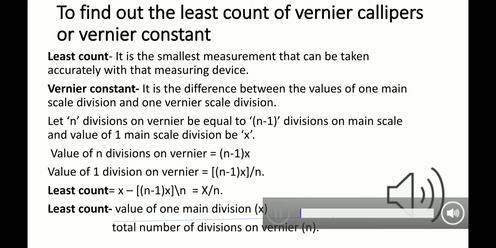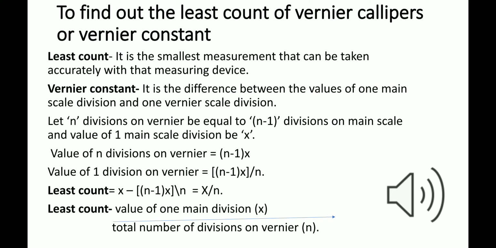So, we learnt that 9 divisions of main scale is equal to 10 divisions on vernier scale. This is in all the vernier scales. This is not one. In all the vernier scales, you will find this only, that 9 divisions of main scale will be equal to 10 divisions of vernier scale.